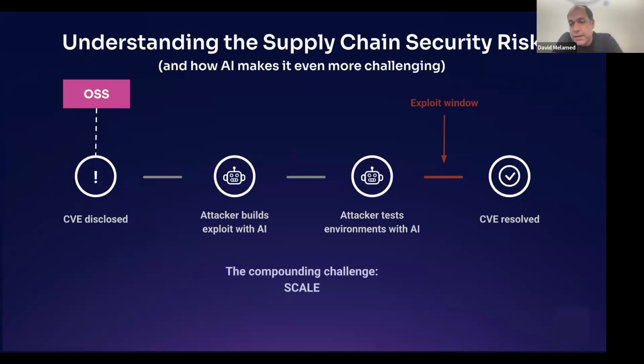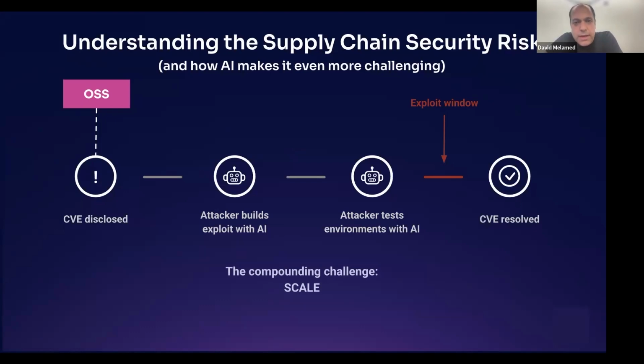And so finally, the CVE is resolved, and companies are updating the packages that have the vulnerability. Now, if you look at this chart and this timeline, there is this red line. It's called the exploit window. It's the time between the first attacks, the first test by the attackers, to the time that the CVE is resolved.